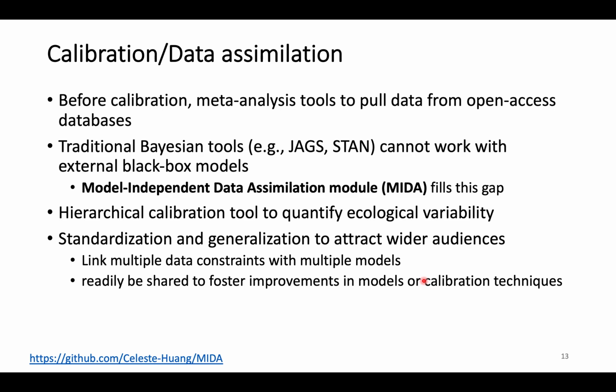Other parameters are not directly measured. Bayesian approaches, such as MCMC, are often utilized to assimilate data into a model and generate posterior distributions for these parameters. Traditional Bayesian tools can't work with external black box models. Users need to modify the model source code to include the Bayesian algorithm by themselves, which creates large technical barriers.